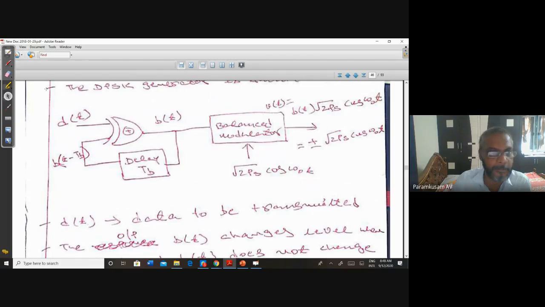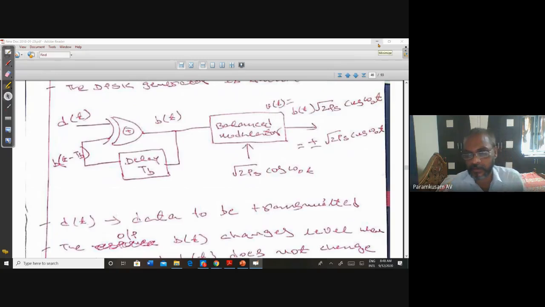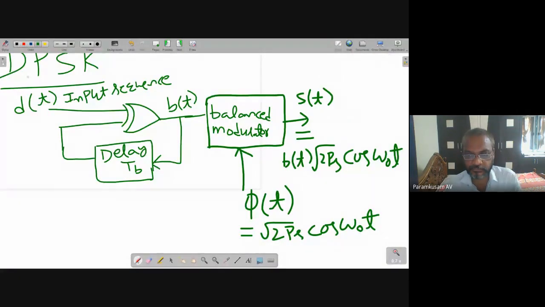Where this phi of t is equal to root 2 PS cos omega naught t. So for balanced modulator, it simply multiplies the B of t and the root 2 PS cos omega naught t.